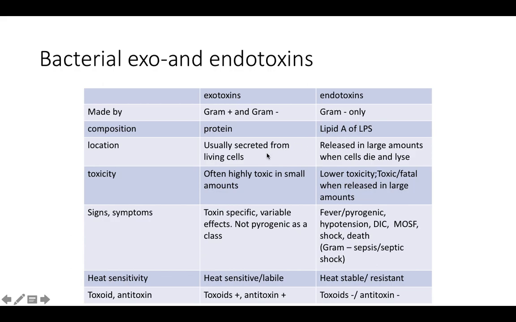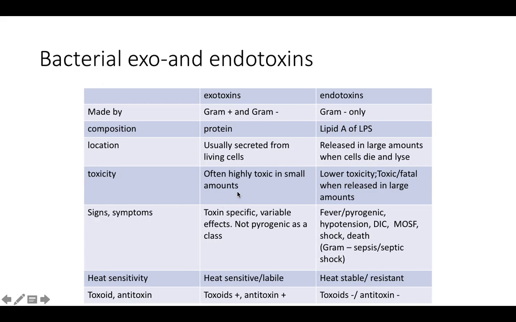Usually, but not always, exotoxins will be secreted from the living bacteria. There are always exceptions. Endotoxins, since they're part of the bacteria's cell wall, usually aren't released in large amounts until the bacteria die and lyse and the cell wall starts to fall apart.